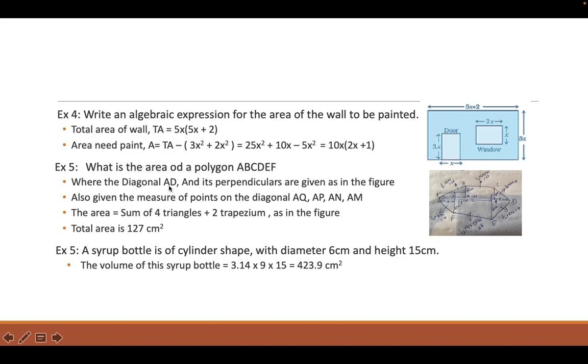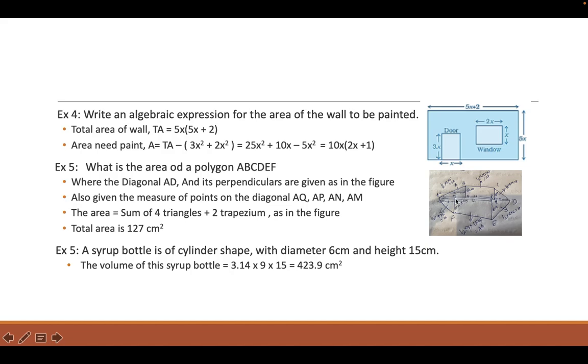Okay, what is the area of a polygon? So this is a polygon, and it has 1 2 3 4 5 6, six sides, and what is the area of this? That's the question. It is showing here that diagonal AD and its perpendiculars are given. So AD's total length is given, and the perpendiculars to AD are given.